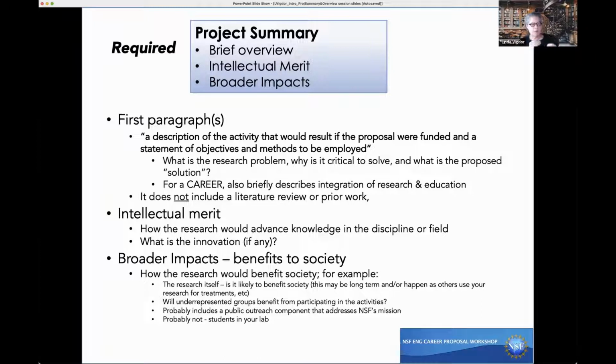But something that is probably not going to be a benefit to society without some additional features is simply having students in your lab or teaching courses. The results of those are really benefits to the student. So if you want to claim some sort of societal benefit, then that should also be in your plan and activity.